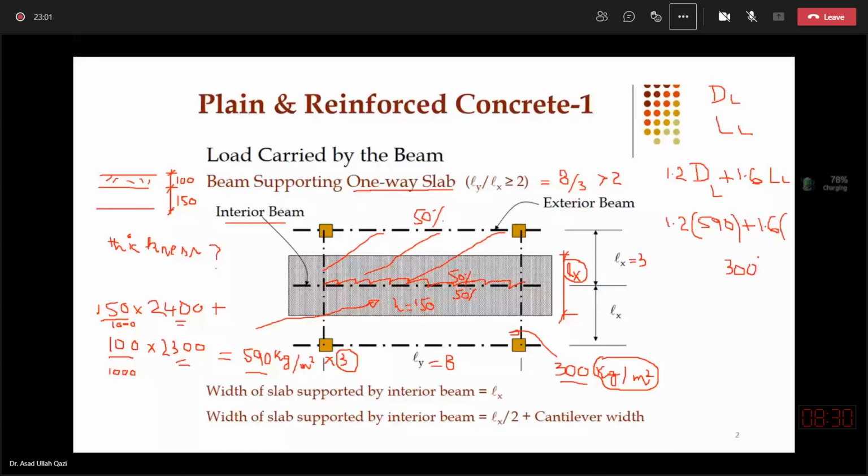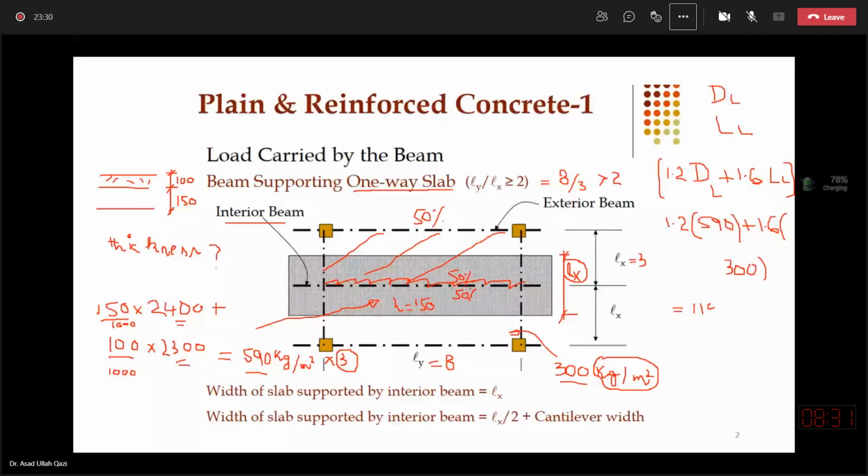So this together will give me the ultimate load by combination 2, the second one, on the slab system. So can you calculate this 1.2 into 5? 1188. It comes out to be 1188 kg per meter square.